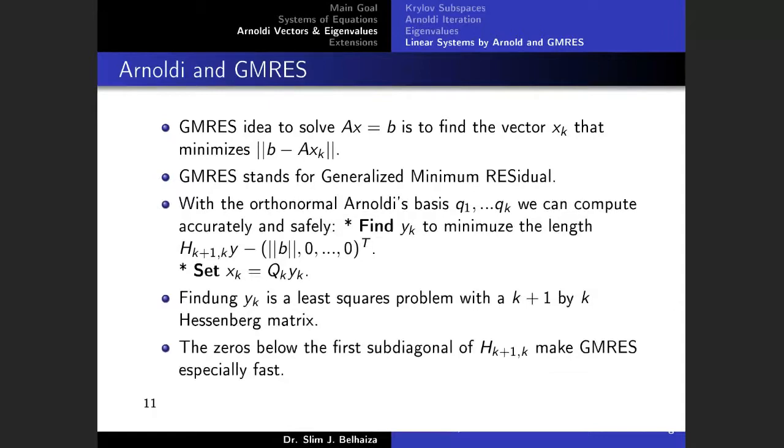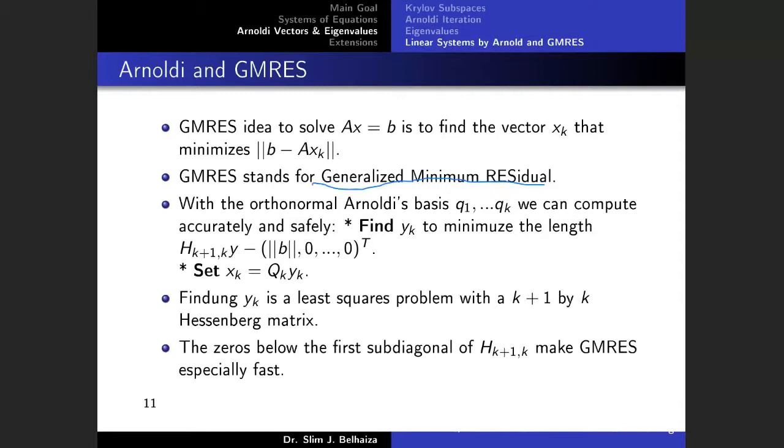So, for example, we can use the Arnoldi iteration to solve what we call just linear systems now, and this is exactly the goal of GMRES. In fact, GMRES stands for generalized minimum residual.